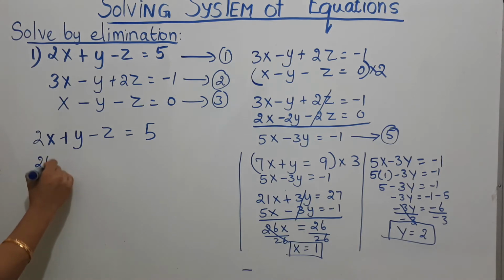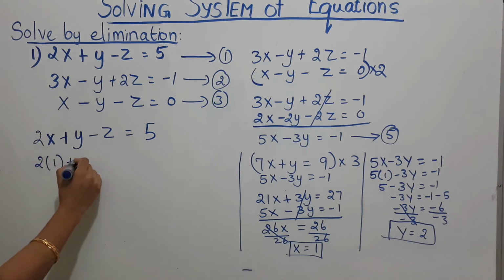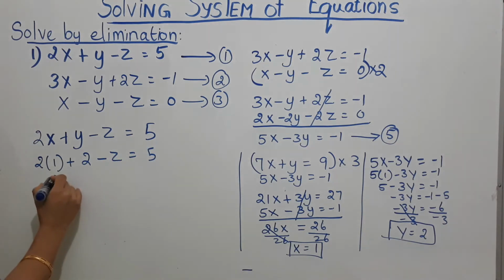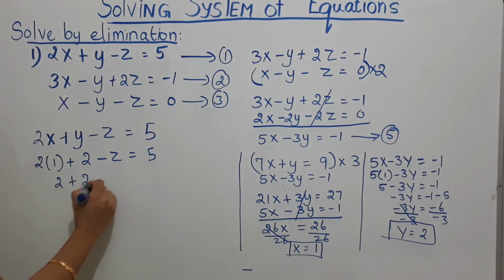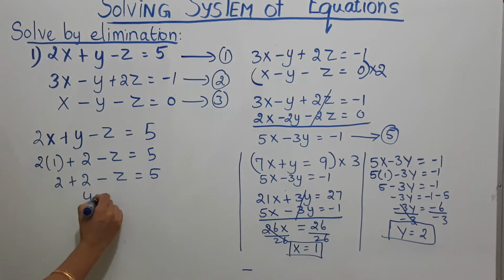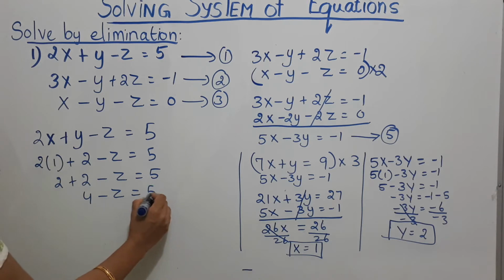2 times 1 plus 2 minus z equals 5. So 2 plus 2 is 4, so 4 minus z equals 5.